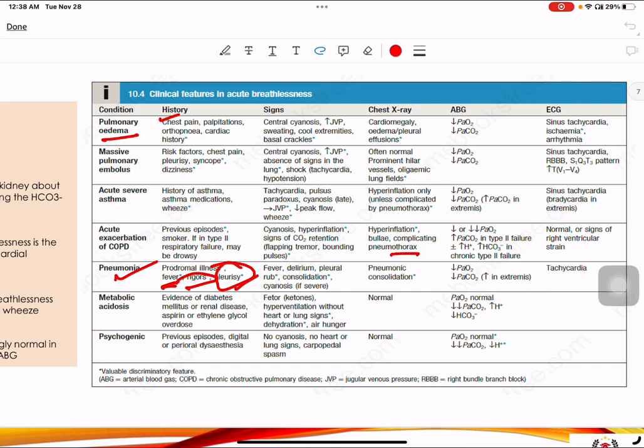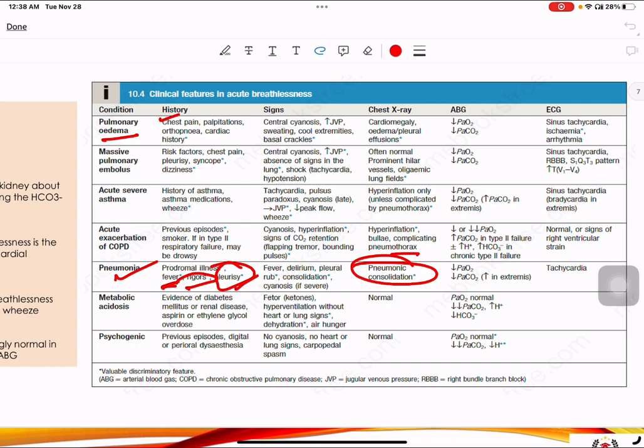The patient may be drowsy or delirious. There may be pleural rub or consolidation, evident by increased bronchial breath sound. There may be crepitations at the resolving stage, and the patient may have cyanosis if the pneumonia is severe.